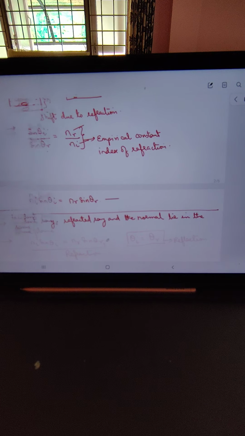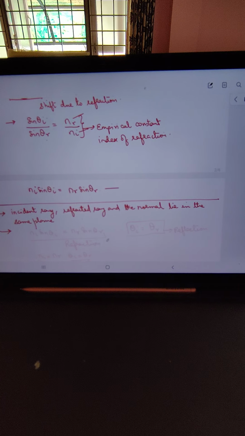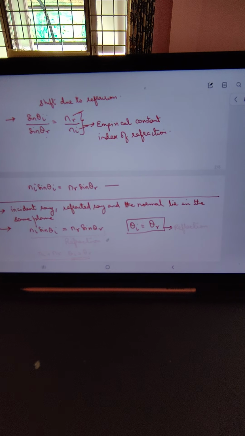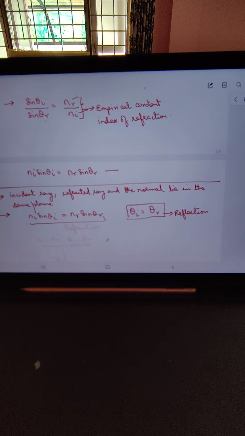So this is the common thing of both law of reflection and law of refraction, but the additional new thing that turns up in refraction is ni sine theta i is equal to nr sine theta r, whereas in case of reflection you have this angle of incidence theta i is equal to angle of reflection. So this is as far as reflection is concerned, and this is as far as refraction is concerned.